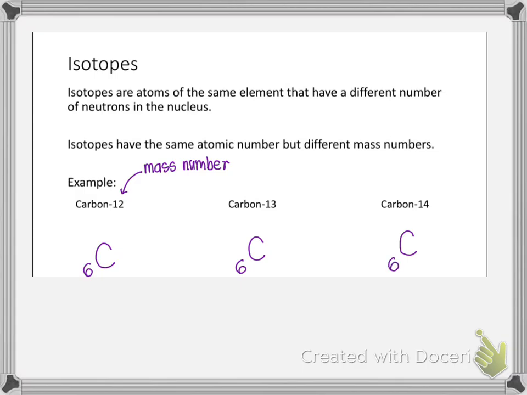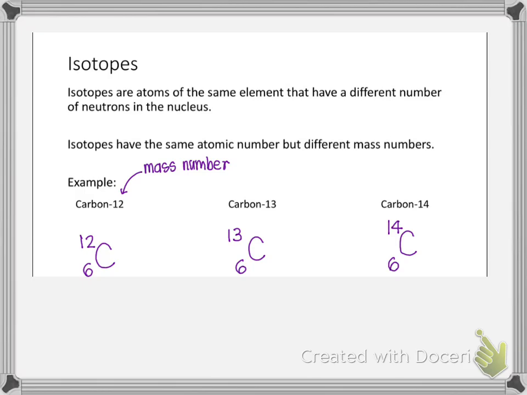You'll always have a periodic table, whether you're working on your homework or doing exams. So this part is all the same for all of the isotopes. What's different is their mass numbers. So this would have a 12, this one would have a 13, and this one would have a 14.